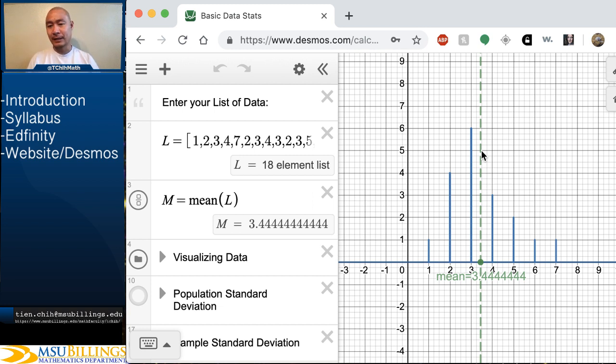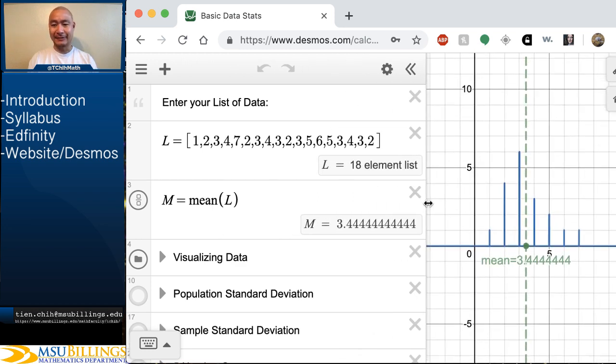One way of measuring centrality and spread is with the mean and the standard deviation. Now, the mean is the typical mean we've probably seen before in other courses.